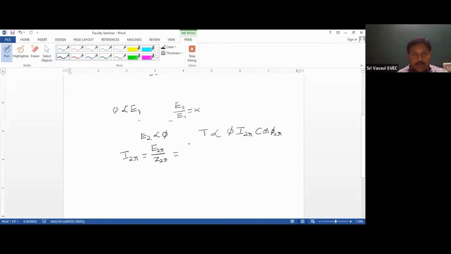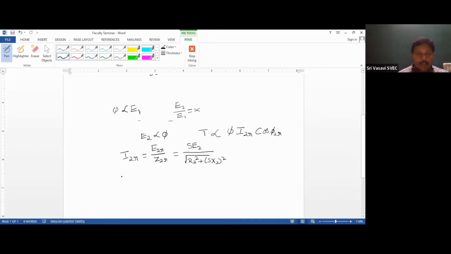E2R equals SE2. These are the rotor parameters affected by the slip. Z2R equals root of R2 square plus SX2 whole square.